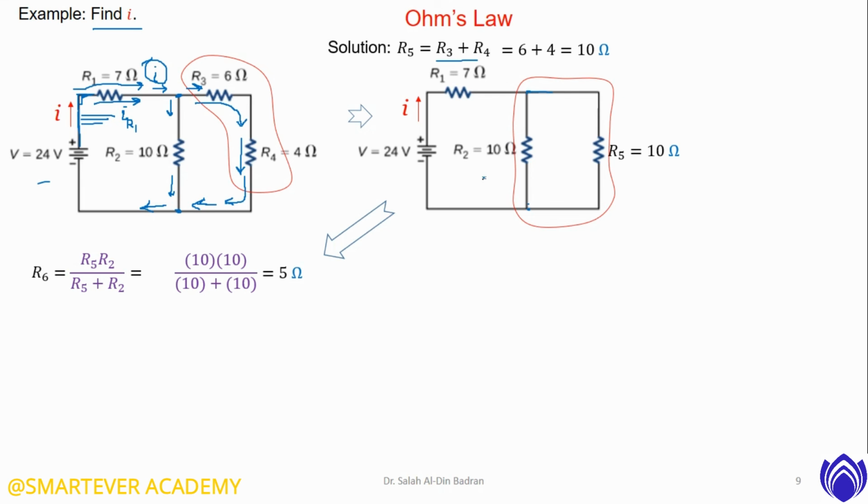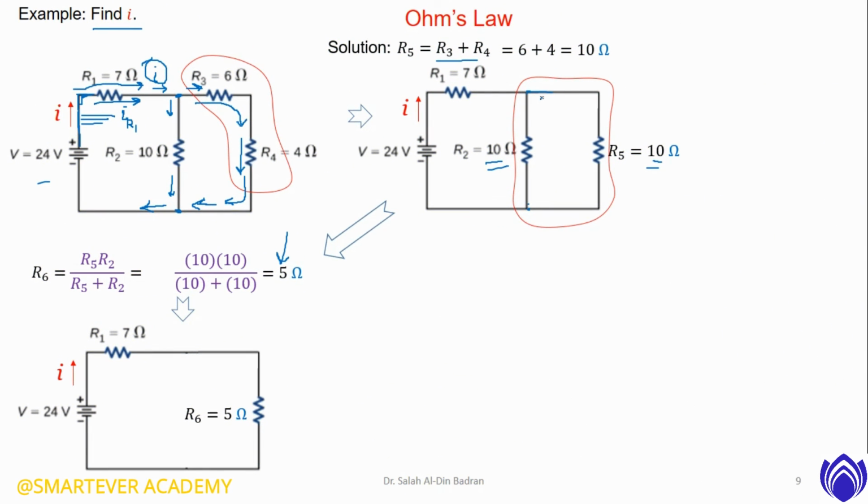If you have two resistors in parallel and both of them have the same value, see, the value here is 10, the result should be half of this value. See, we have 10, 10. You have to predict that the result should be 5.